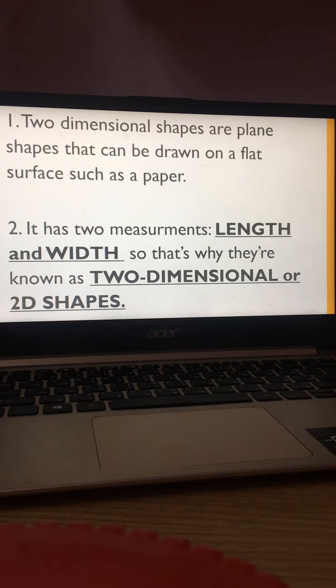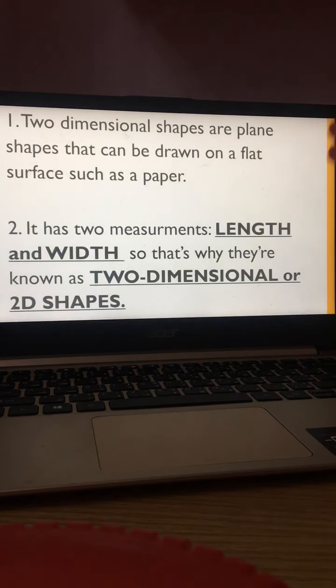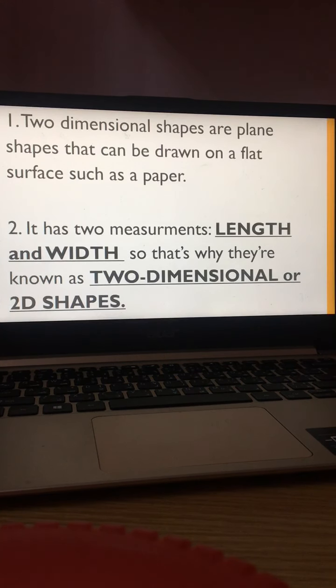The other characteristic is that it has two measurements: length and width. We are going to know later on what we mean by length and width. But for now, you need to know that two-dimensional shapes have both length and width.